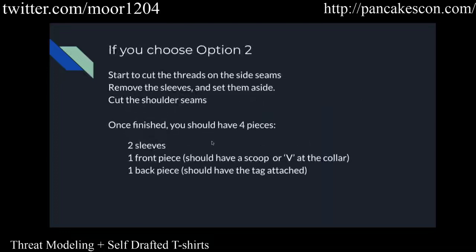All right, so if you choose option 2, which is to use the pieces of your t-shirt, if you have a t-shirt in front of you, this might be easier to visualize. If you turn your t-shirt inside out, there are a number of seams that you'll see, and it's just held together by thread. So you'll just rip out those seams very carefully with a pair of scissors or a seam ripper.